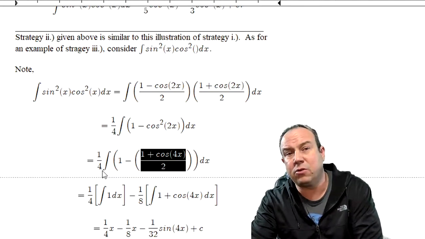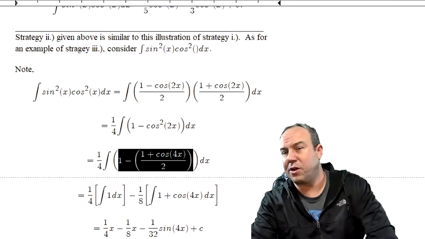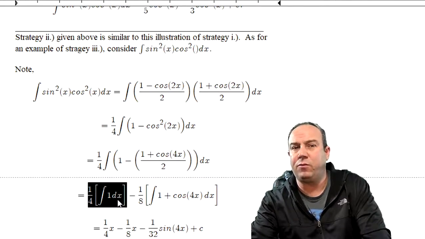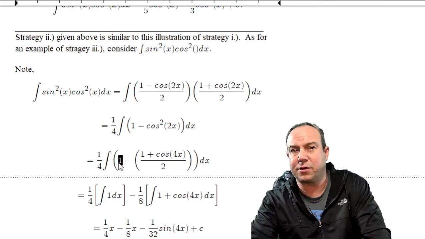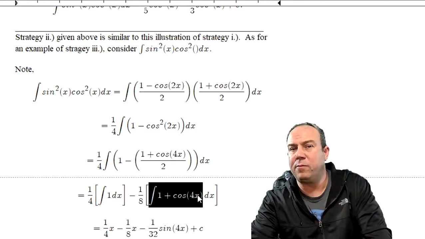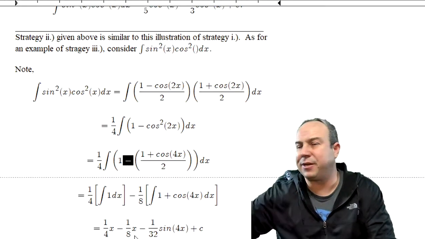Where now 1/4 the integral will distribute across these two values in our difference found in the integrand, and produce 1/4 the integral of 1 dx for this first term, minus 1/8 the integral of 1 plus the cosine of 4x dx. The 2 in the denominator combining with the 1/4 to become 1/8, the minus coming from this sign here.